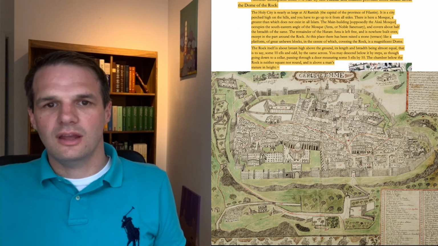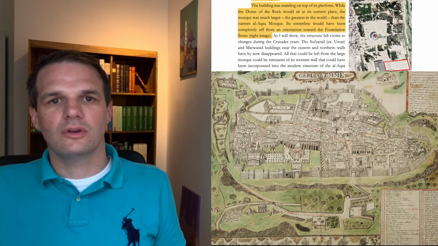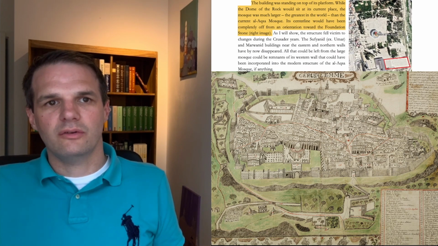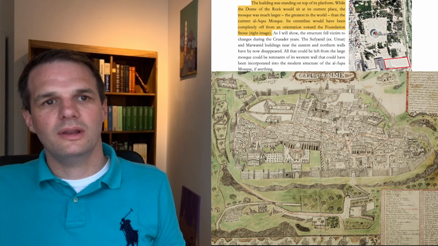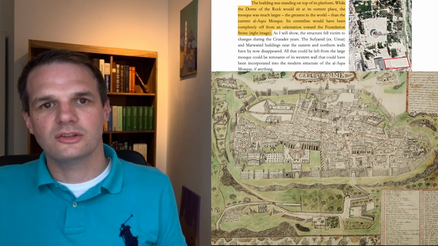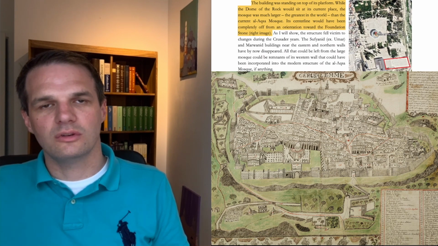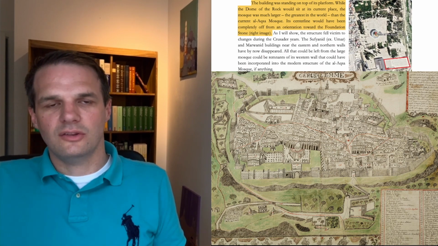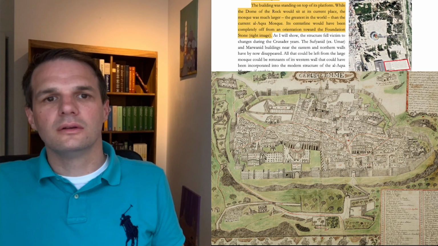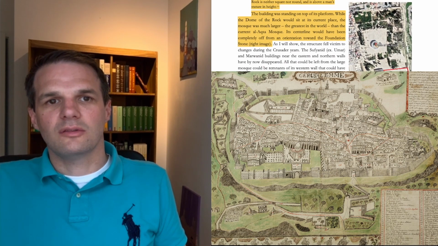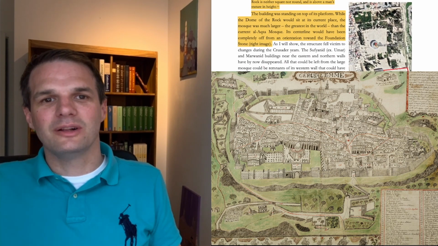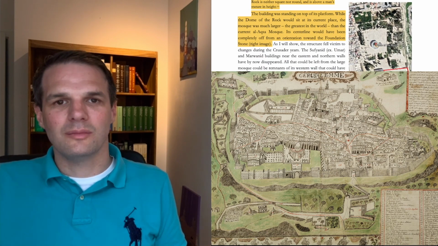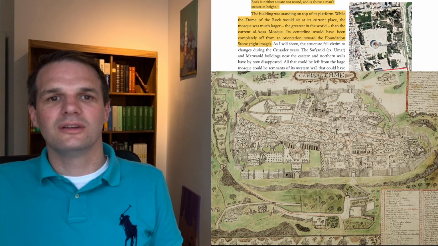So I don't understand how he can then come to the conclusion here that the building was standing on top of its platform while the Dome of the Rock would sit at its current place. The mosque was much larger, the greatest in the world, than the current Al-Aqsa Mosque. He doesn't understand his own insertions, apparently. He inserted this bit about the main building being the Al-Aqsa Mosque and the mosque being the entire sanctuary.